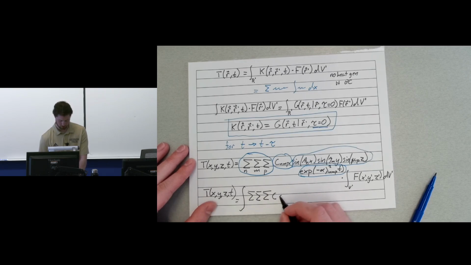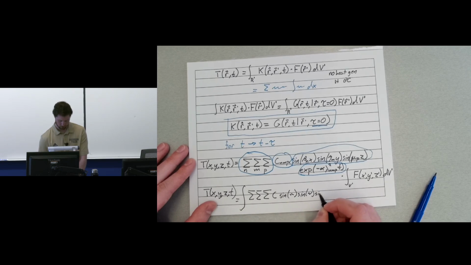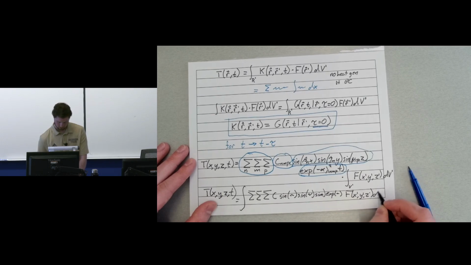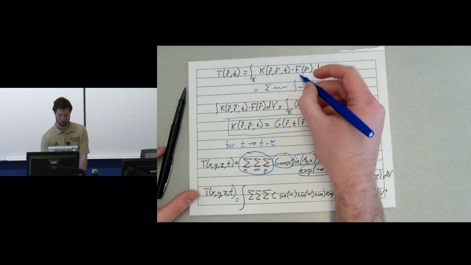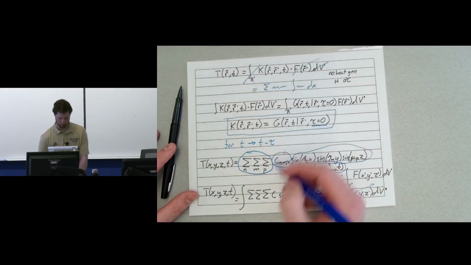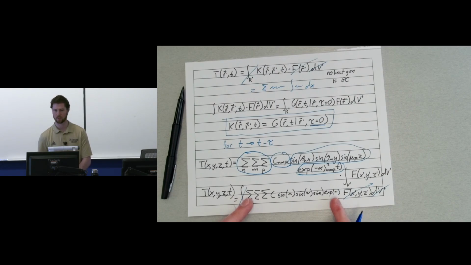We'll have some constant, sine 1, a second sine, third sine, exponent, initial condition, dV prime. Right. If we're comparing here, let's cross out our initial function, or our initial condition, drop our integrals, right? And this is our kernel right here. That's our K.